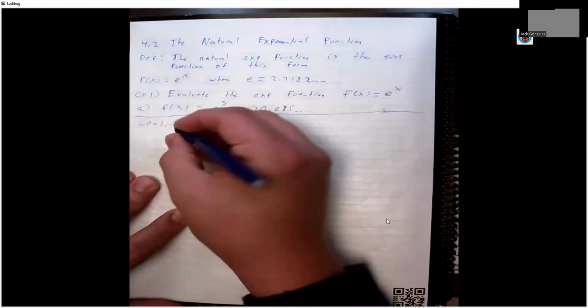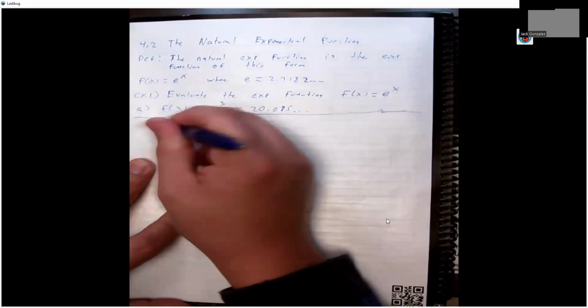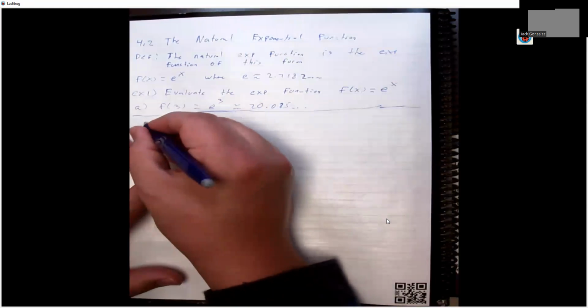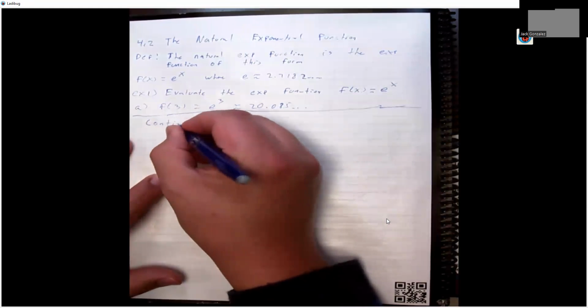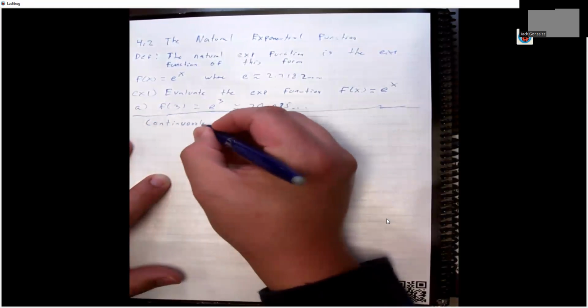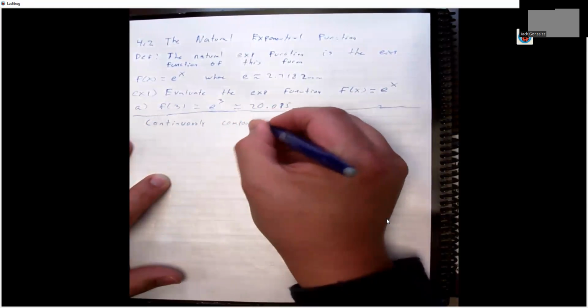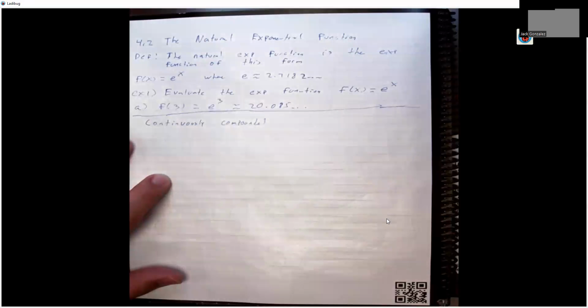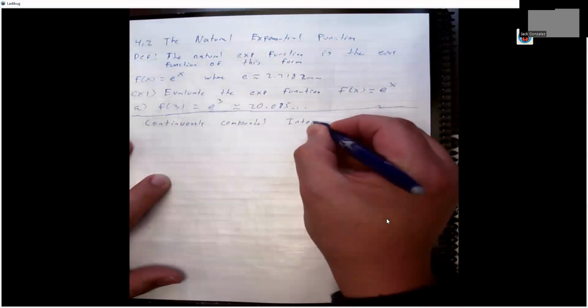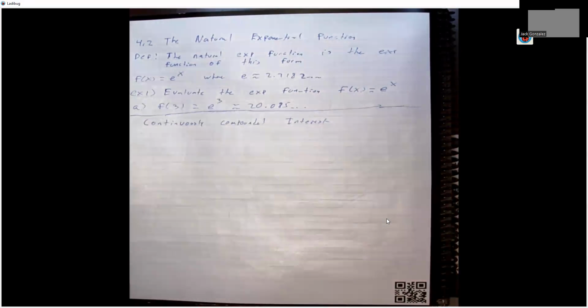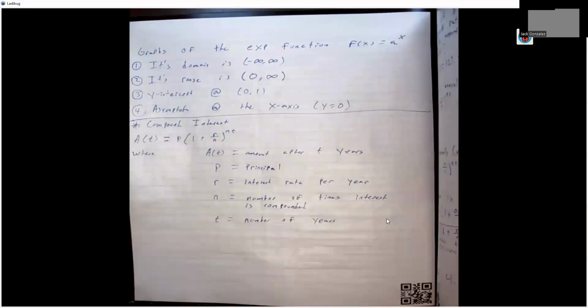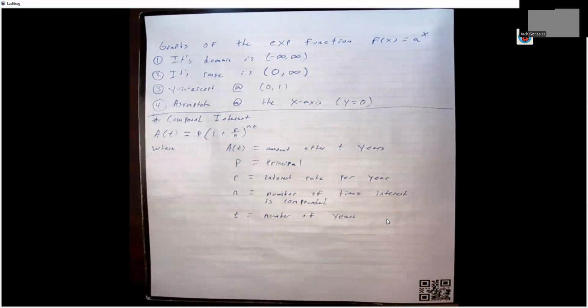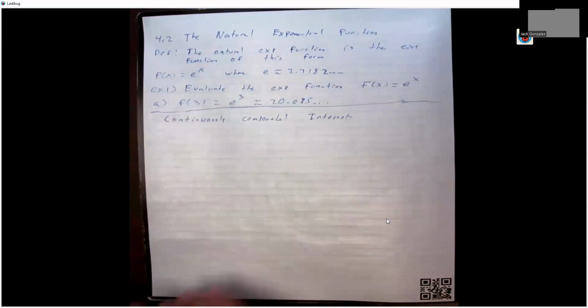So, continuously compounded interest. We're not going to deal with calculus here, but if you apply ideas from calculus on this formula and you let n go to infinity, meaning you compound an infinite number of times, this right here inside turns into an e.